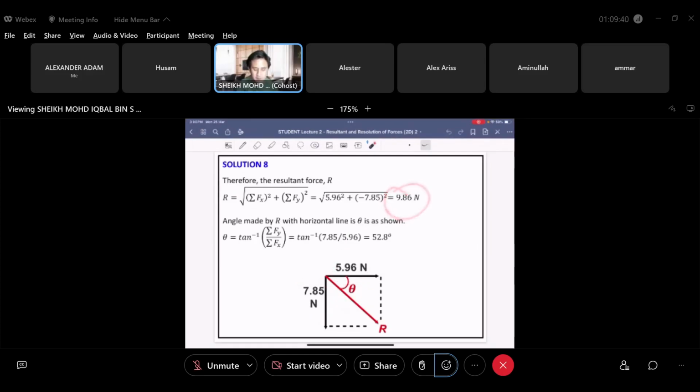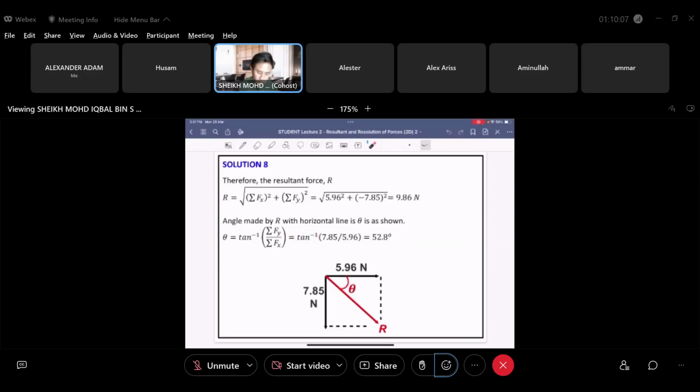Okay, this part is the easiest part. Once you have found the sum of forces in the x and y directions, it's just a matter of drawing the resultant force, calculating it using the Pythagoras theorem, and then finding the direction, the angle, which is using tan theta or cos or sine, depending on where the angle is and what the question wants.